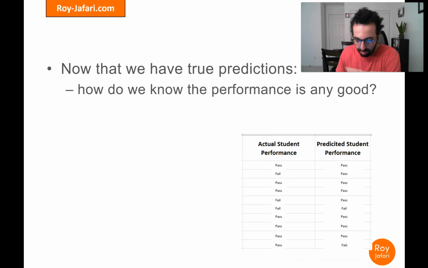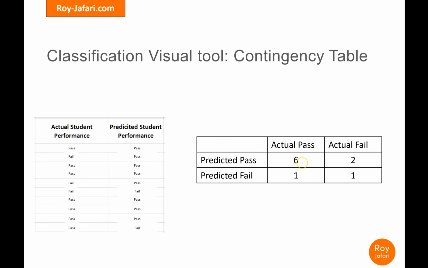This is a classification case. You have either pass or fail for your actual student performance and also for your predicted student performance. So this is a classification. How do we capture the performance visually and with a metric when we have a classification? That's something we did for prediction, and we want to do for classification.